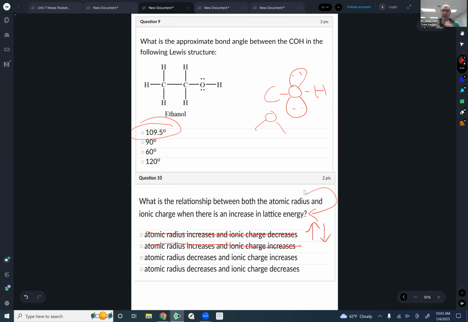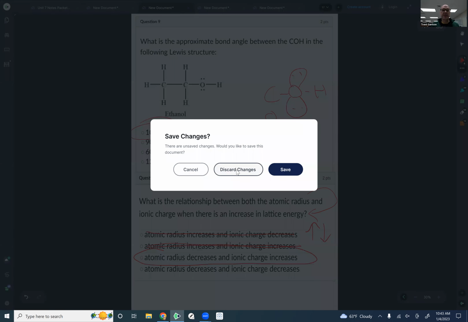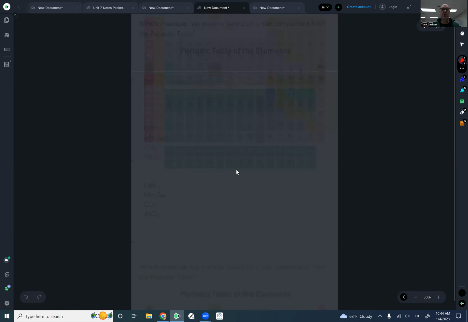The closer they are, the harder it is to pull apart. Now, ionic charge is also going to increase because the higher the number of charges, the more bonds there are. So we got this third choice in here. The decrease, the sizes are going to get closer together. It's harder to pull apart, and it's harder to pull apart whenever you have more charges. So that takes care of that choice.